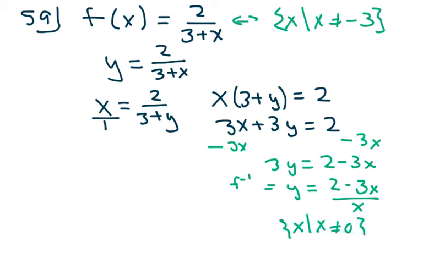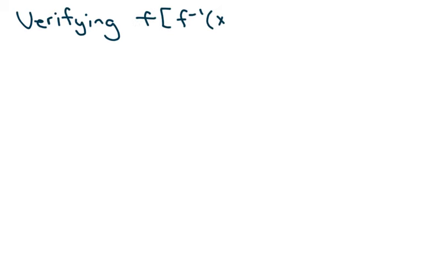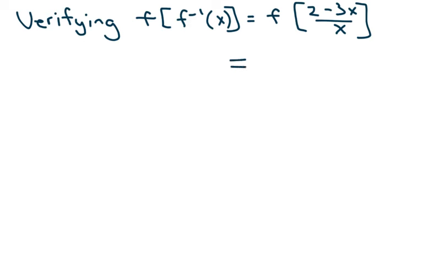Now we have to verify, and we're dealing with rationals here, so it's a little tricky. So we're going to compose f, so this is verifying. We're going to compose f with f inverse of x, which equals f of 2 minus 3x over x. So basically what we get, and it helps if you've written some of this down, we're going to get 2 over 3 plus your x, which is this portion.